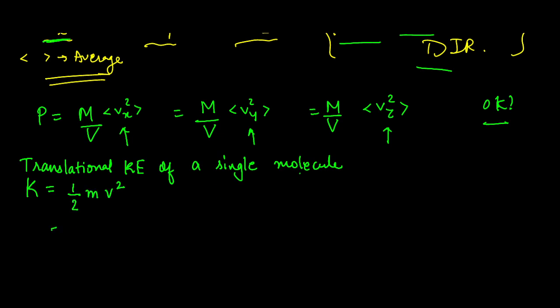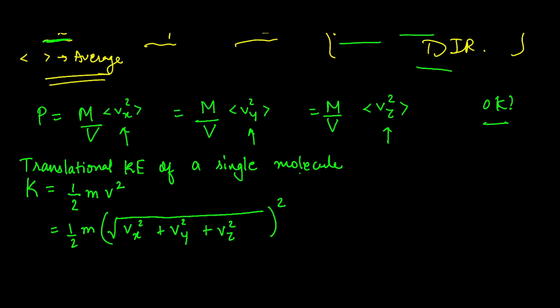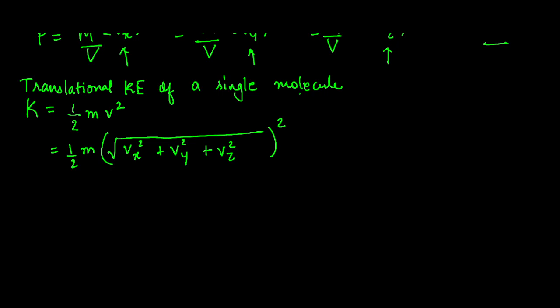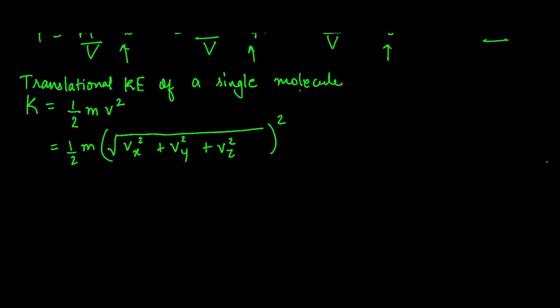But hopefully you remember that speed is nothing but the magnitude of the velocity. So this is what we get, right? So v is equal to under root vx square plus vy square plus vz square. Clear?